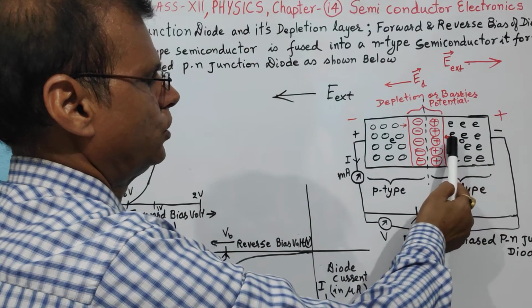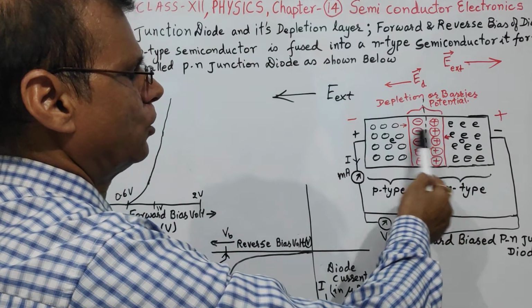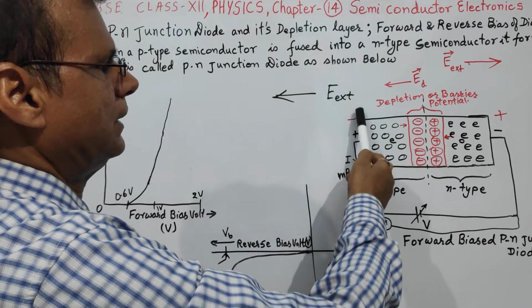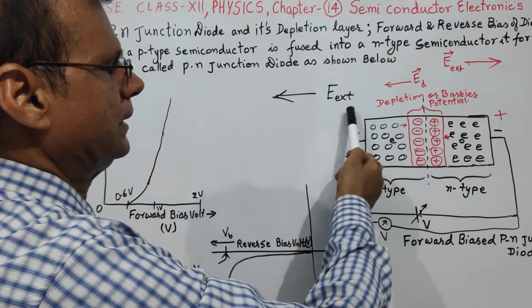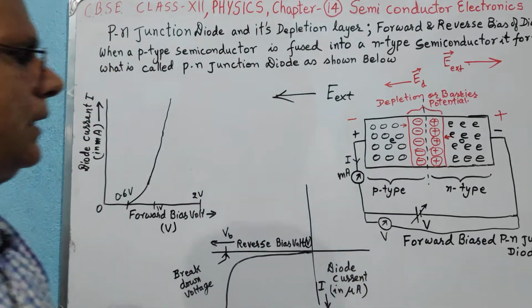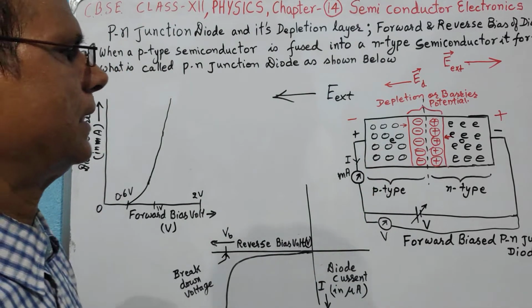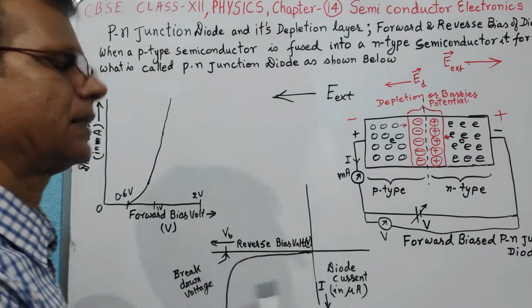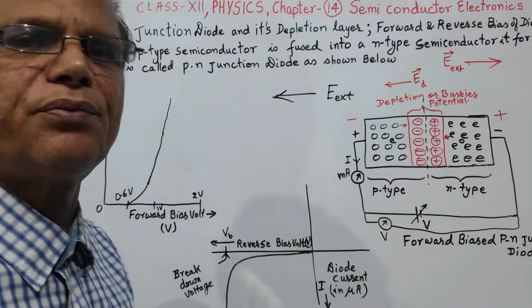So these holes start moving across the junction, and once they cross the junction they reach the negative terminal and easily go to the negative terminal of the cell. That means current starts flowing, but in the reverse direction compared to the forward bias case.